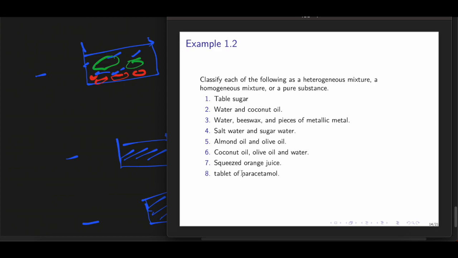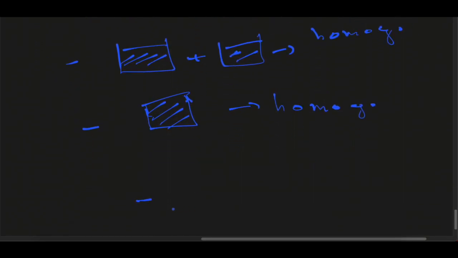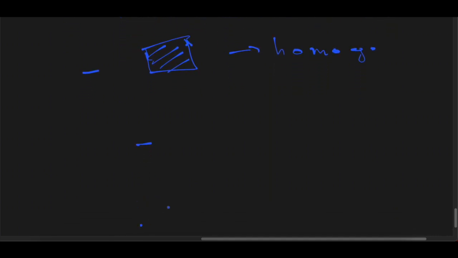Also we have squeezed orange juice, which is heterogeneous. It is not homogeneous because we can notice many particles in the juice. And also a tablet of paracetamol. A tablet of paracetamol is medicinal and in solid form, so we can give a schematic diagram.